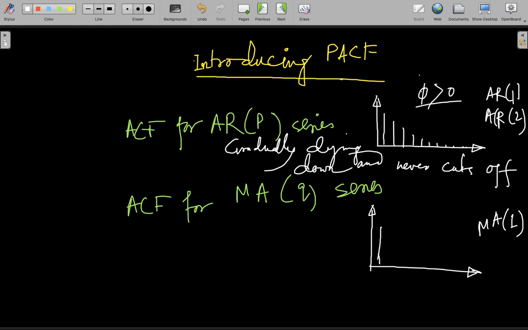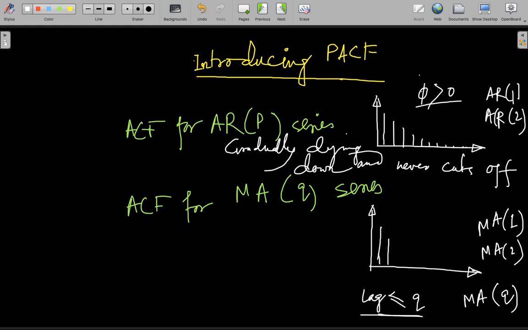If it is an MA(2) series, you get values of the ACF only up to 2 lags. Generalizing, you get the value of the ACF for an MA(q) series as long as your lag is less than or equal to q.